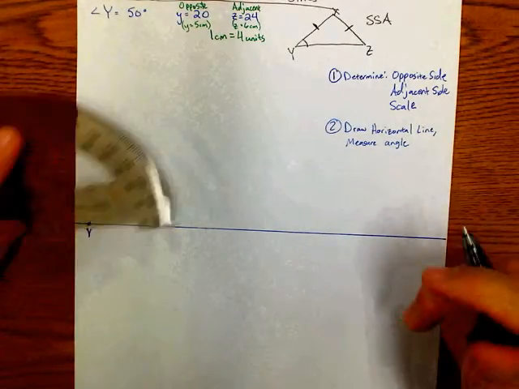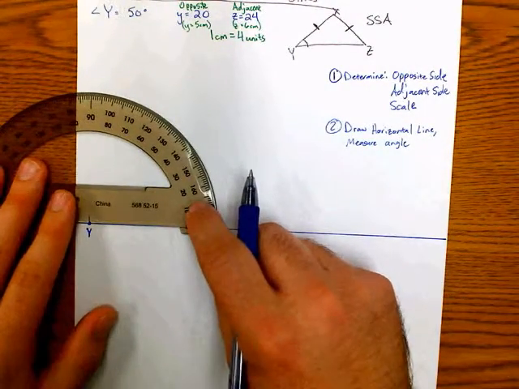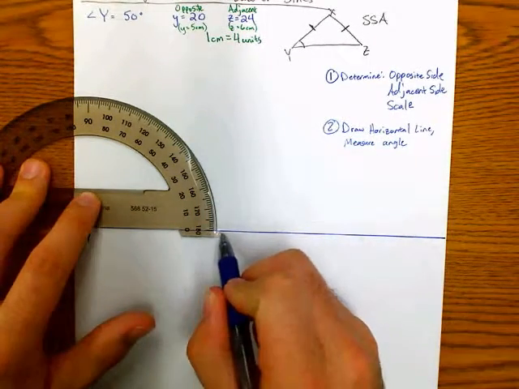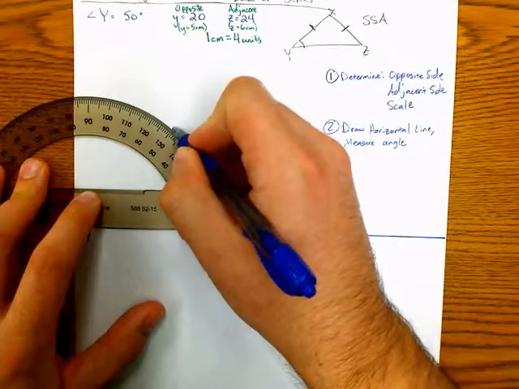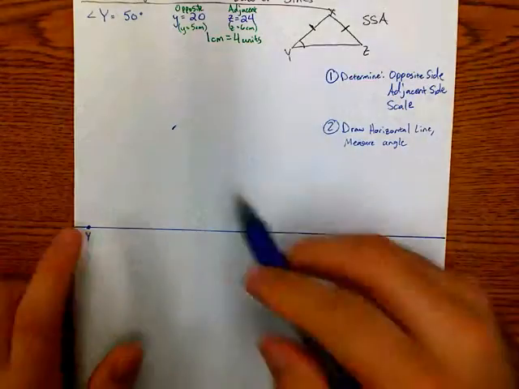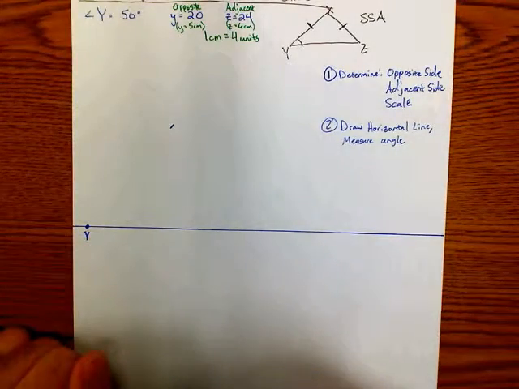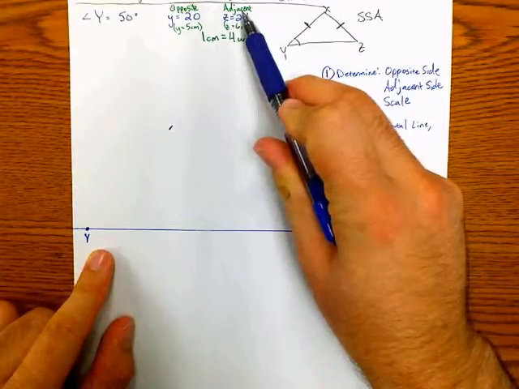And now at y, I'm going to use my protractor, and I'm going to measure my 50-degree angle. So make sure you line the 0 up with your horizontal line, count up to 50, and that little mark and this point are going to let me draw a straight line for one side of my triangle. Now, we're going to be drawing our adjacent side here.